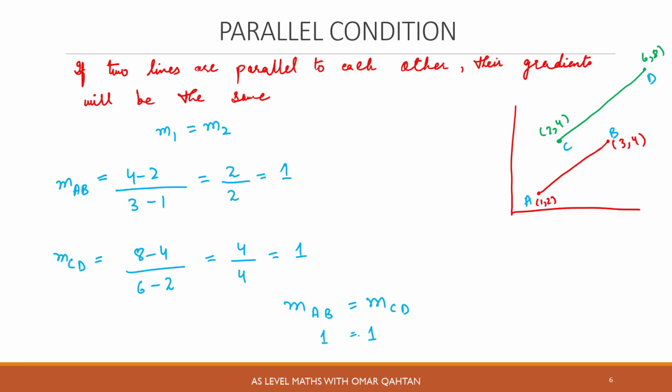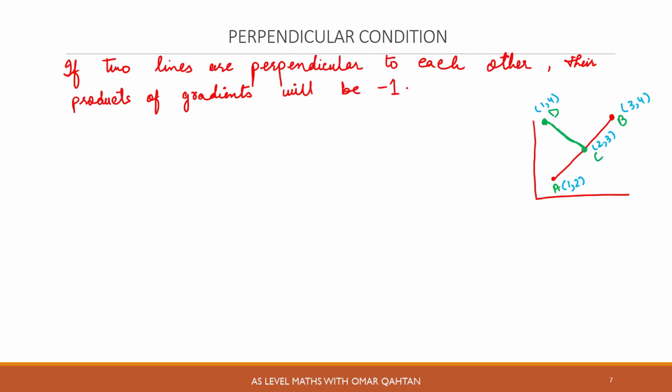Now let's talk about the perpendicular condition for the gradient. Alright, in the perpendicular condition, if two lines are perpendicular to each other, the product of their gradients will be minus 1, which means m1 multiplied by m2 should be equal to minus 1.